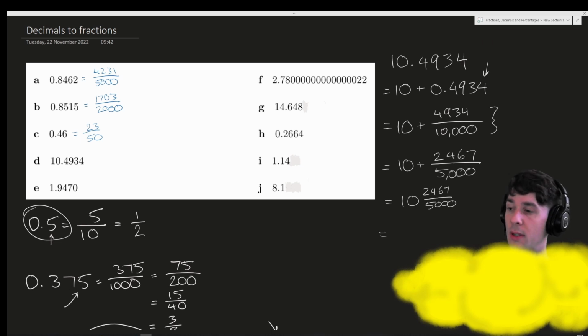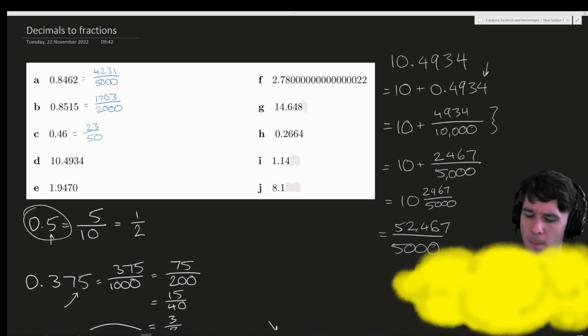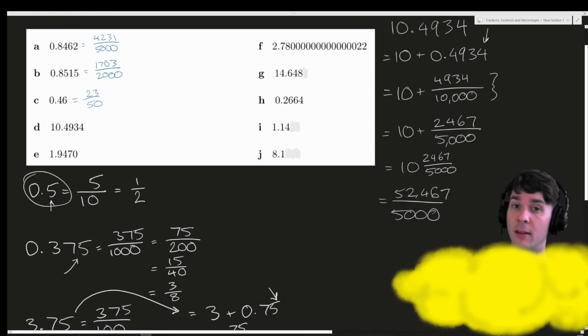If we wanted to convert that into a mixed number, we would still have a denominator of 5,000, but onto the 2,467, we will add 10 times 5,000. So this will become 52,467. I think I said that number wrong before. I hope you understood what I meant. All right, and that is our final answer.